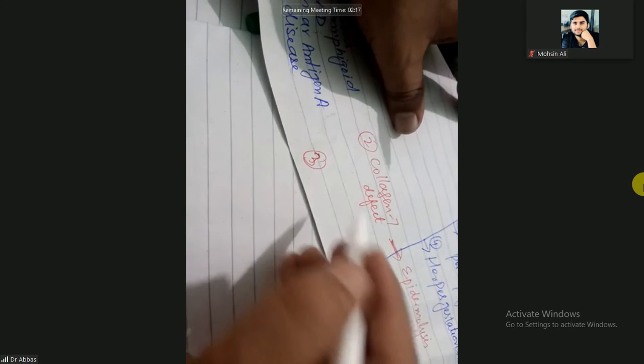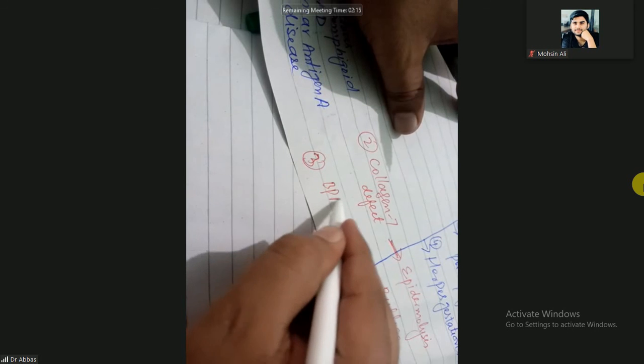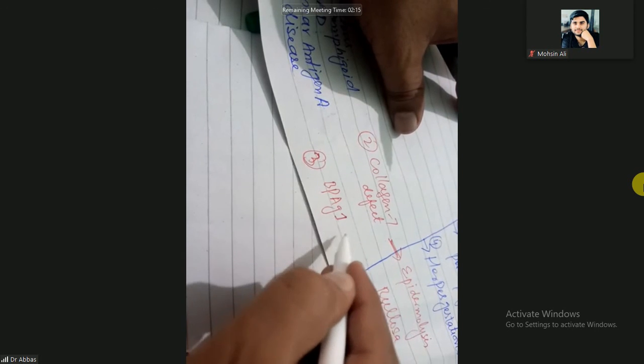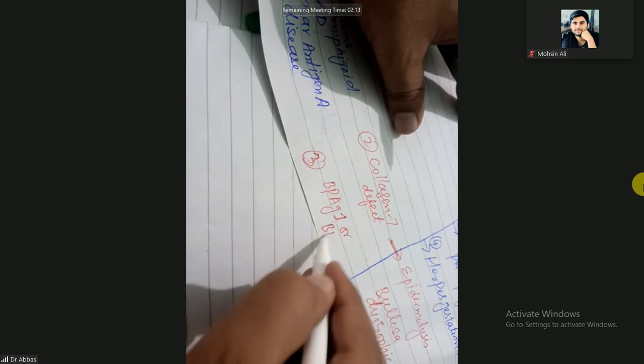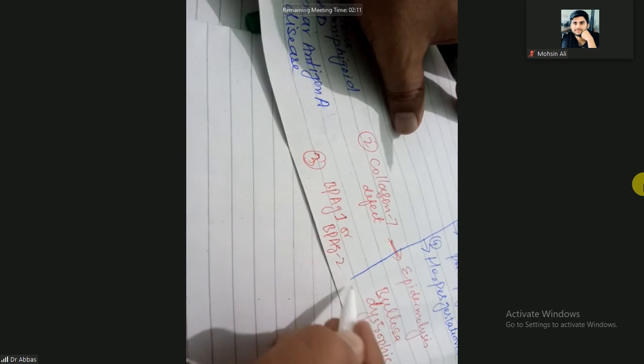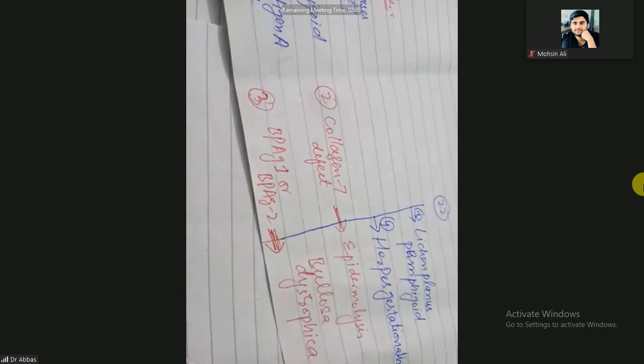The last defect is in BPAG1 or BPAG2. Then the name of the disease is bullous pemphigoid.